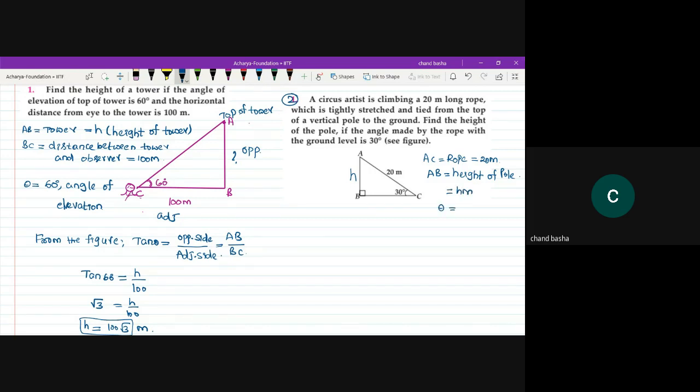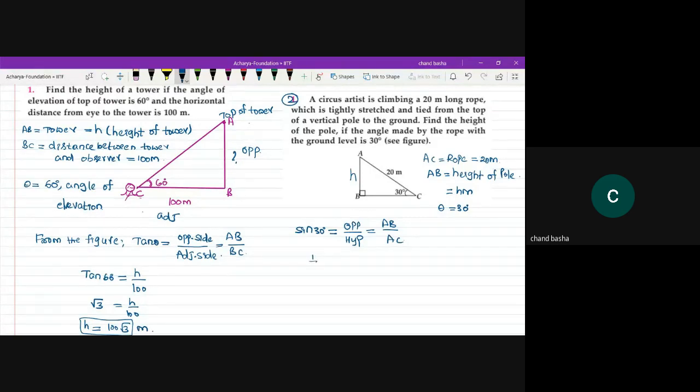Theta is given to you, that is 30 degrees. We can make use of sine theta from the figure. I'm not always taking tan. Based upon the given situation, the given problem, we can use the trigonometric ratio. Sine 30 degrees means opposite side or perpendicular upon hypotenuse. Opposite to theta is AB, which is what we require, and it is denoted by H, and hypotenuse is AC.